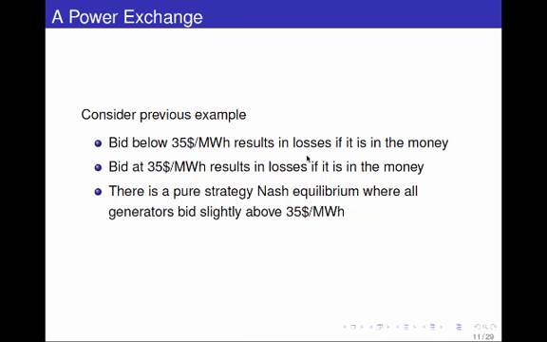Then you lose money. That's why you bid just above 35. So that whenever you are in the money, you make up for that money, if you only, it's $70 per megawatt, or if you only produce 100 megawatt.